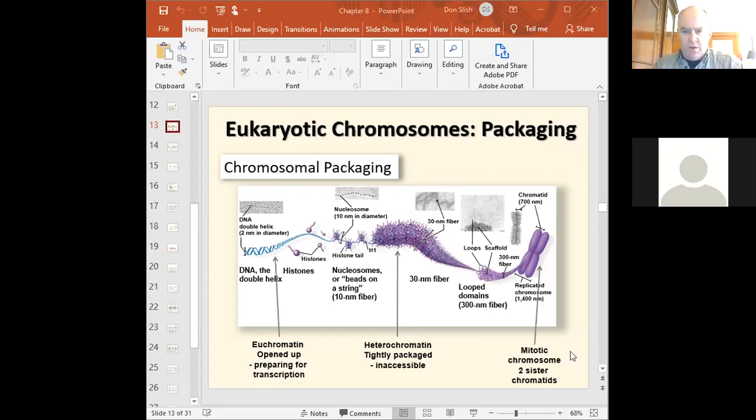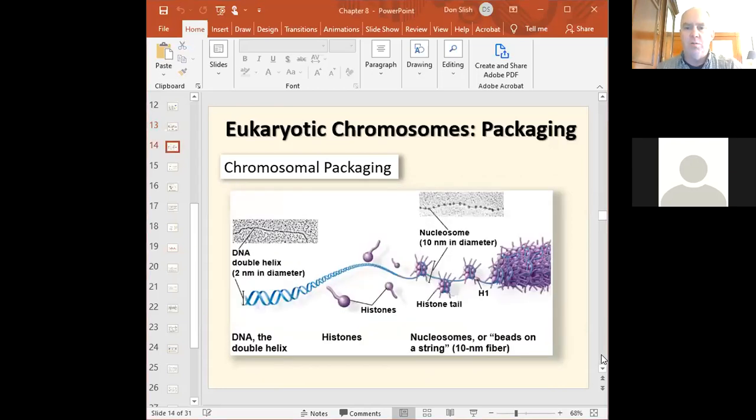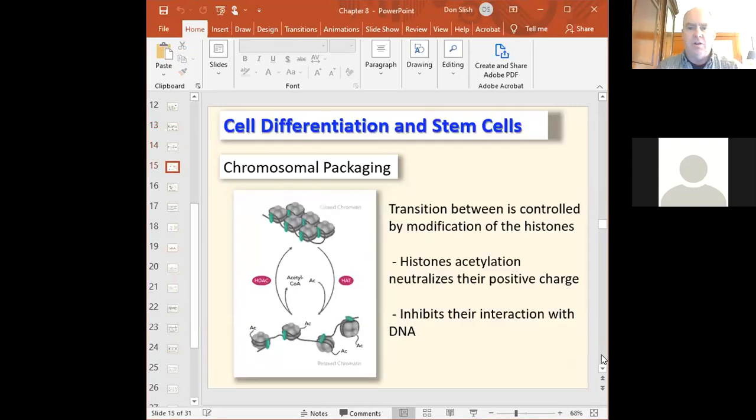So we've got heterochromatin versus euchromatin. Heterochromatin is tightly packed and inaccessible, and euchromatin is opened up and accessible. And what determines whether that's open or closed is the histones and regulation of the histones. So some of the things that happen, probably the most important one, are methylation and acylation of the histones.